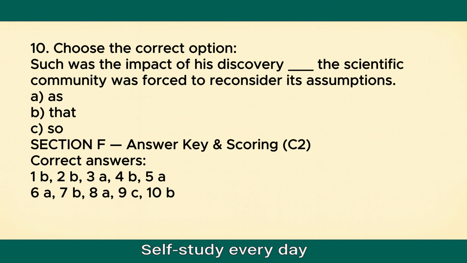10. Choose the correct option. Such was the impact of his discovery, blank, the scientific community was forced to reconsider its assumptions. A. As. B. That. C. So. Section F. Answer key and scoring C2.